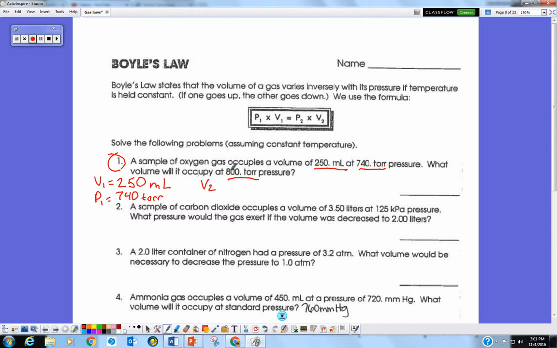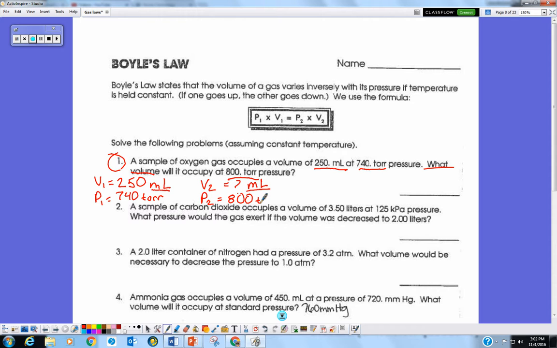V2, we want to know what volume. So this is our unknown, this is our question mark. And just to think about it, if our volume is measured in milliliters here, what should we expect our new volume to be measured in? Milliliters as well. And then we can also look at our P2, which is going to be 800 torr. So that's our new pressure.